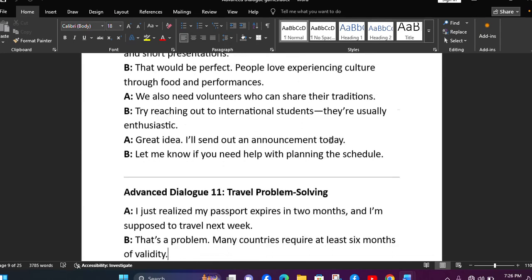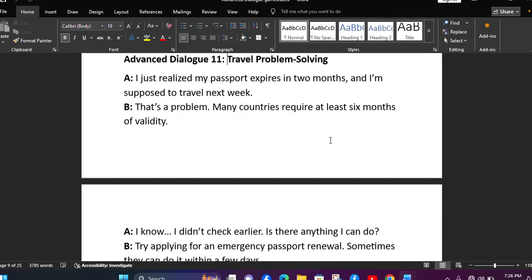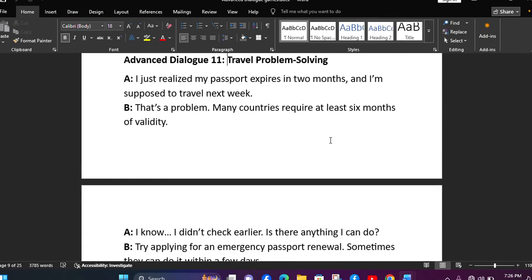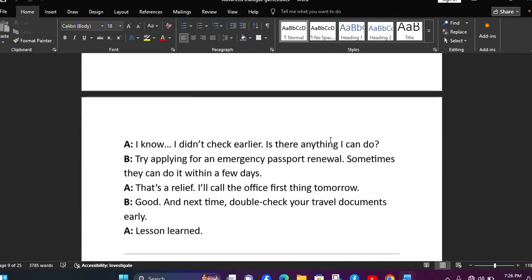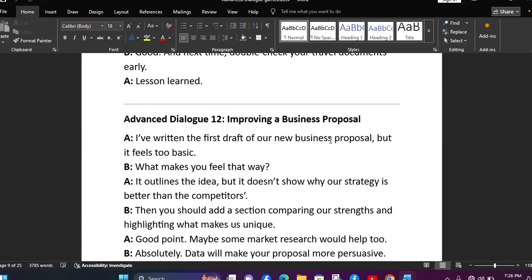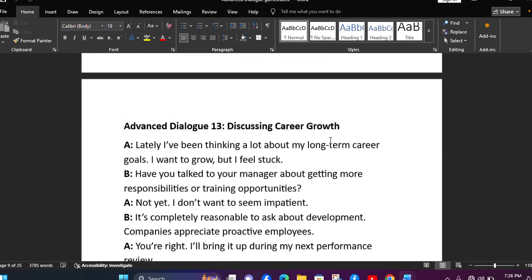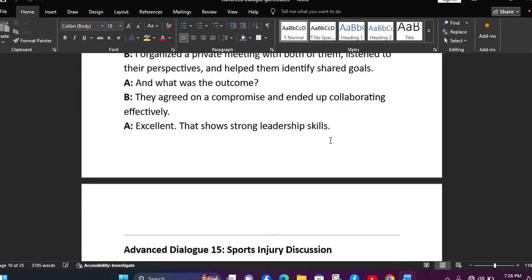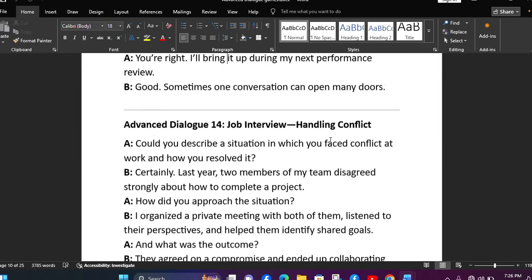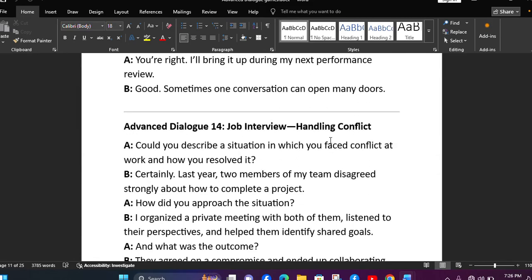Discussing a travel budget role play. Here, a culture misunderstanding role play, and choosing a sports club role play. Planning a culture exchange event role play.